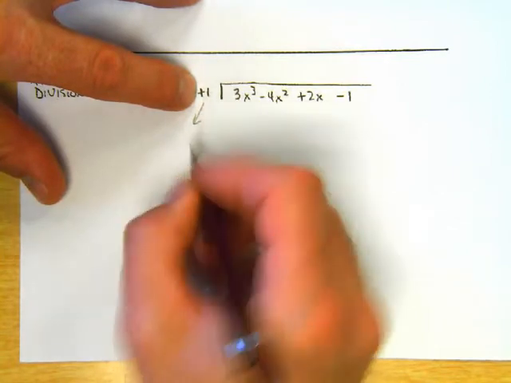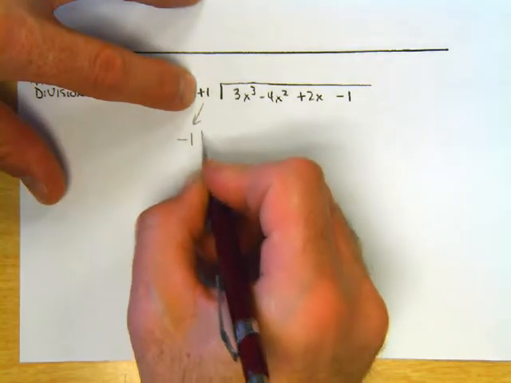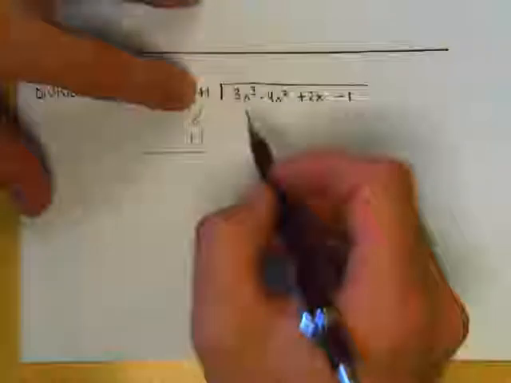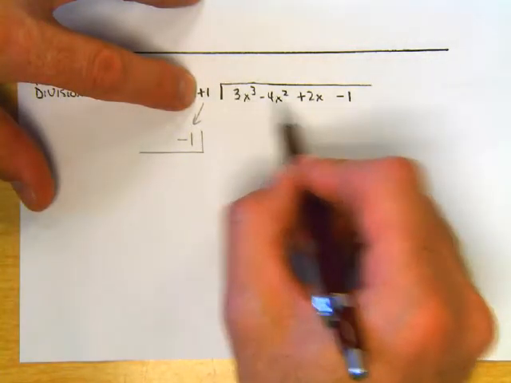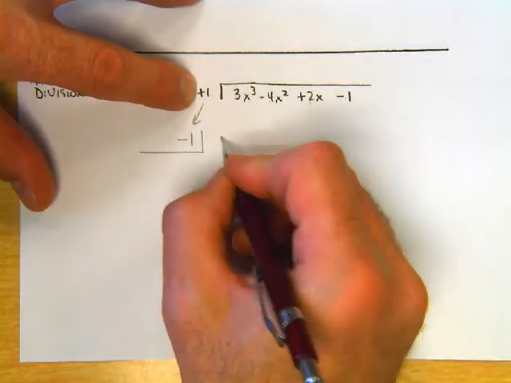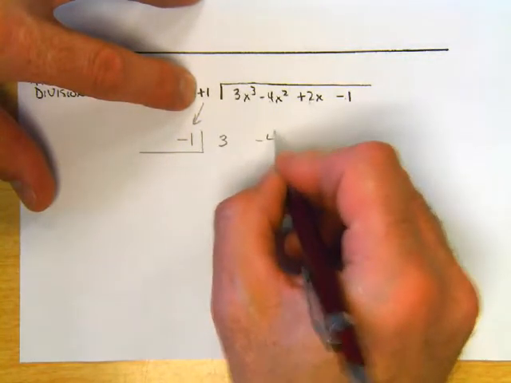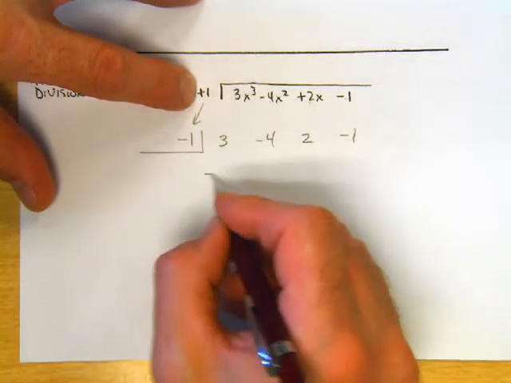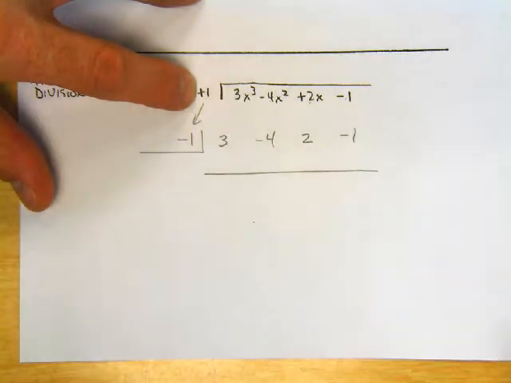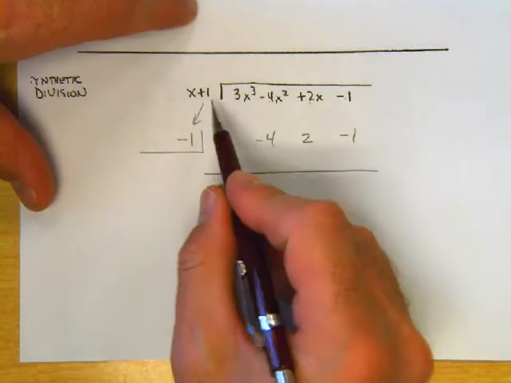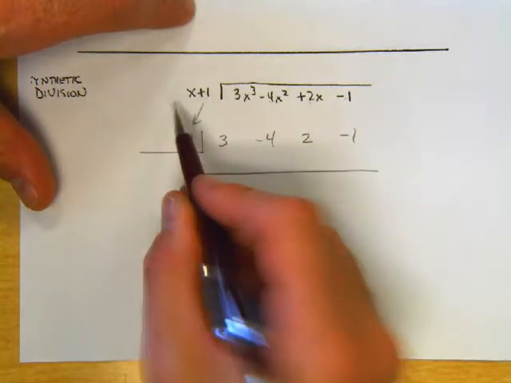So positive 1 becomes negative 1. And then we represent this cubic with 4 terms using only the coefficients. So 3, negative 4, 2, and negative 1. This setup represents the division that is up here with the variables.